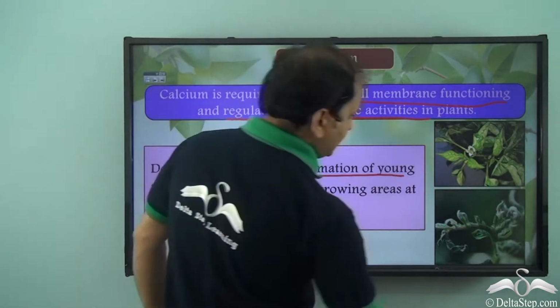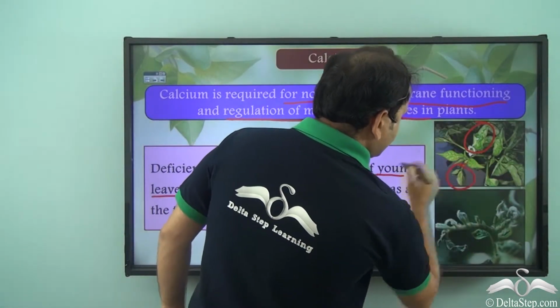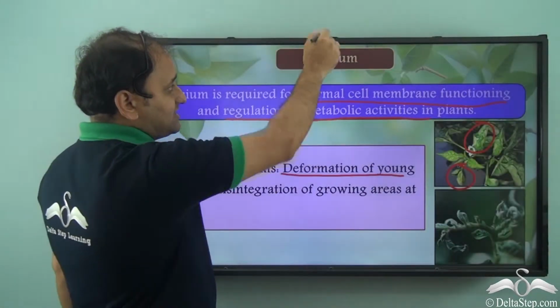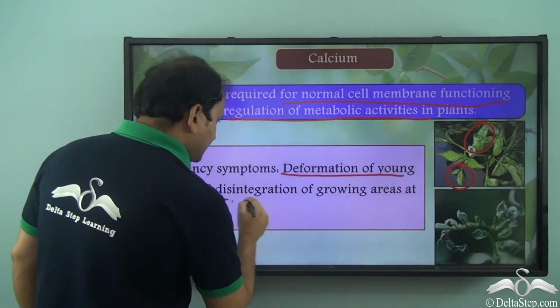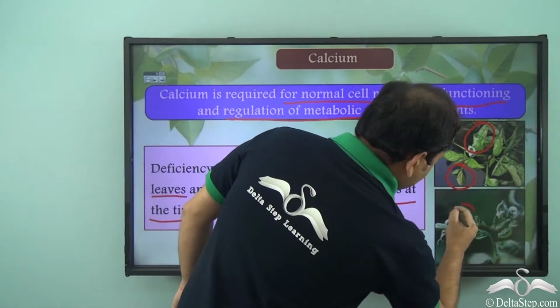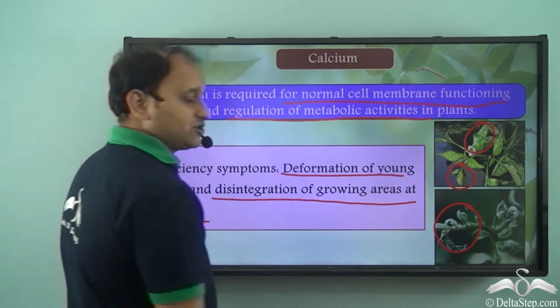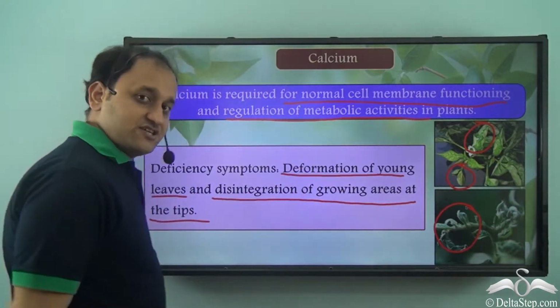You can clearly see these young leaves are deformed. That is because the plant is deficient in calcium. Also, we will see disintegration of growing areas at the tips. That is again a symptom of calcium deficiency.